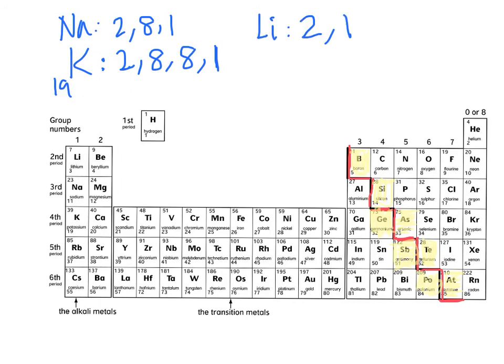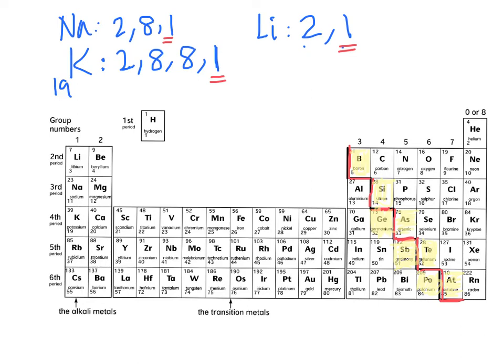And similarly, lithium has an electronic arrangement of 2, 1, as it has 3 electrons in total. So the first shell has 2 and the second shell has 1 electron. You must be able to notice some pattern here with respect to the outer shell electron. I'm going to underline this here. As you can see, all these elements have 1 electron on their outer shell.